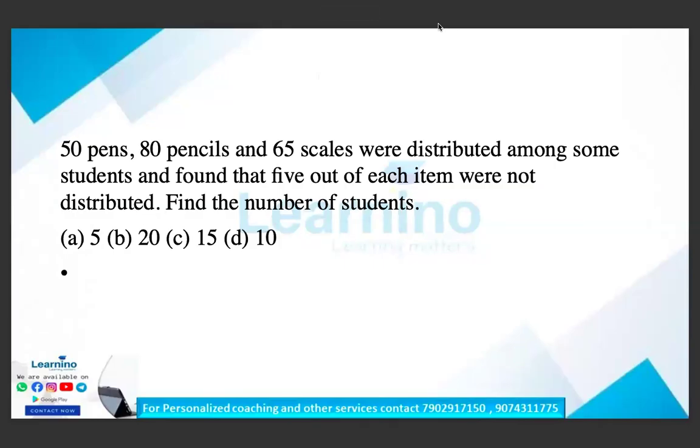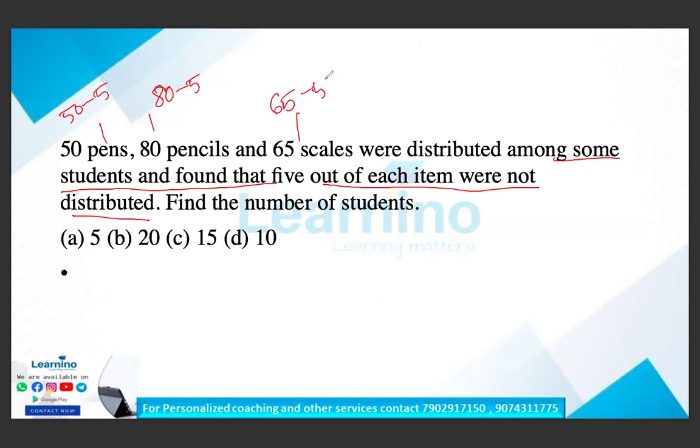Next question. 50 pens, 80 pencils and 65 scales were distributed among some students and it was found that 5 of each item were not distributed. Find the number of students. Here, 5 is not distributed. So, 50 minus 5, 80 minus 5, and 65 minus 5.